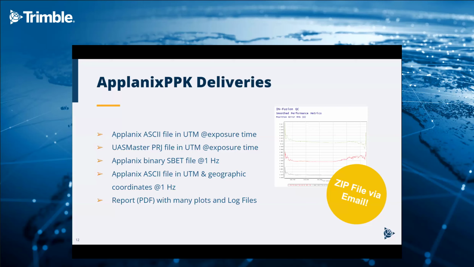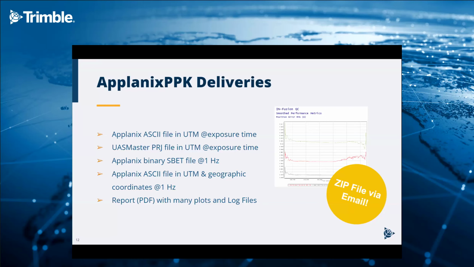In an ASCII file. You also get a UAS Master project file, which is our photogrammetric software that Trimble offers as a portfolio. It's called UAS Master, specifically designed for the UAV and drone industry. Plus, along with those files, we provide you the standard SBET file, which is our famous smoothed best estimate of trajectory at 1 Hertz, and another ASCII file at 1 Hertz in the UTM system, including geographic coordinates.